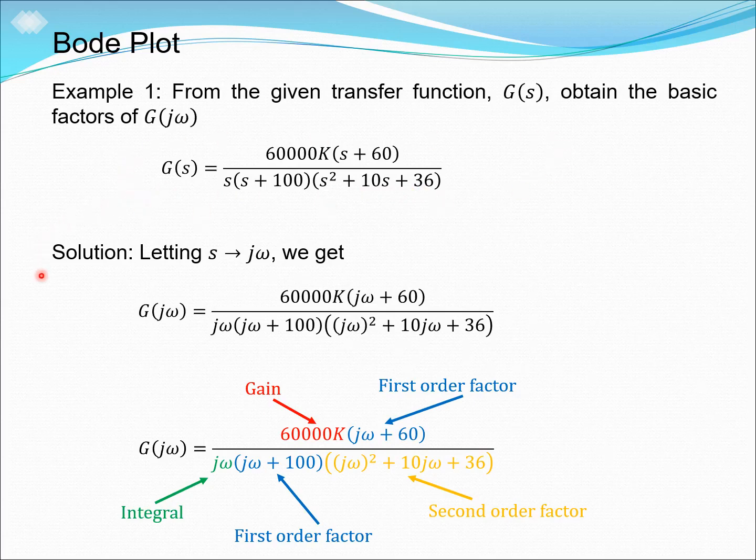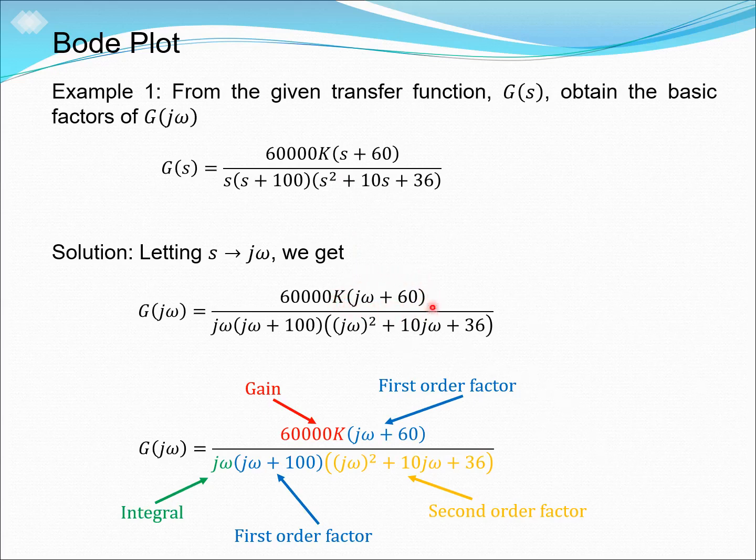So what we do first is we are going to transform the s domain into our j omega domain. So we get G(j omega). Just change all the s into j omega. So this is the 60,000K, and we change the s over here with j omega, so we get j omega plus 60.